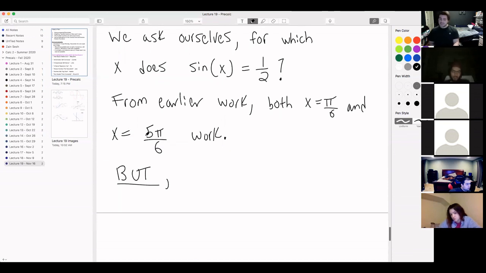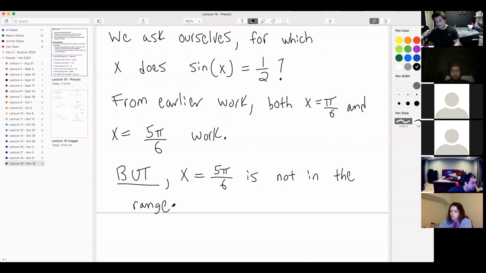x equals 5 pi over 6 is actually not in the range for arcsine. Arcsine does not attain this value of 5 pi over 6, so we have to reject it. It's not in the range of the arcsine function.